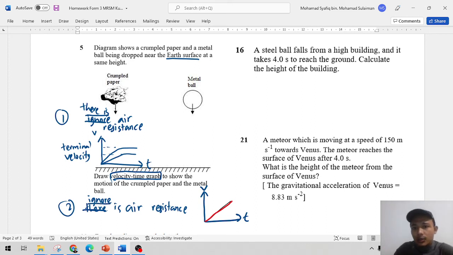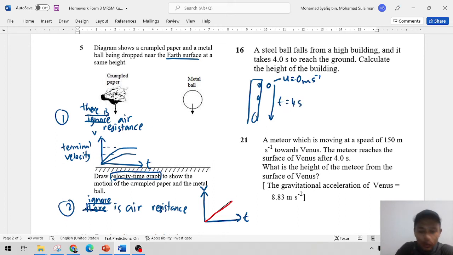Right, the next one is we have a steel ball from a high building. So we have a building, and then we drop a ball downwards. Here we need to note that u is equal to 0 meter per second, and it takes a time of 4 seconds. Because we want to find the height, the suitable equation is s equal to ut plus half at squared.